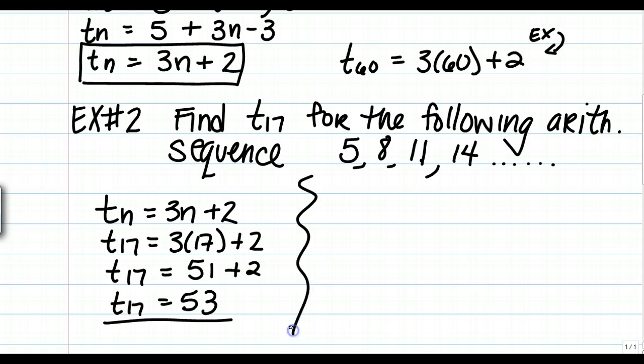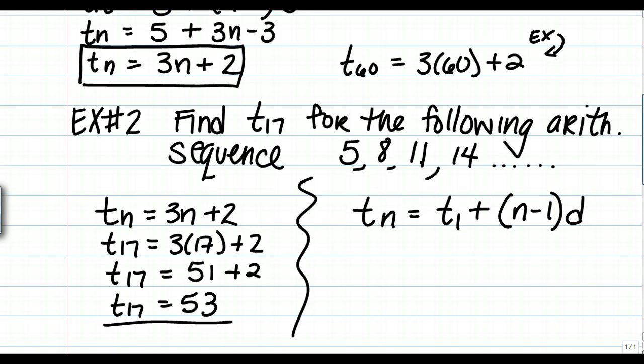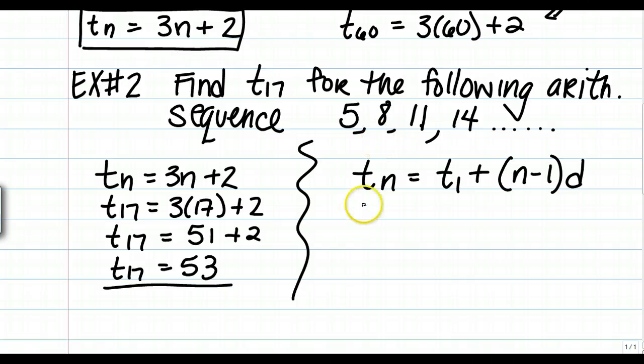Now, if you didn't have this general form, you can still plug it into your arithmetic equation that I gave you at the top of your paper. And you would just say, okay, I want to find the 17th term. That's why n is 17. I know my first term is 5.